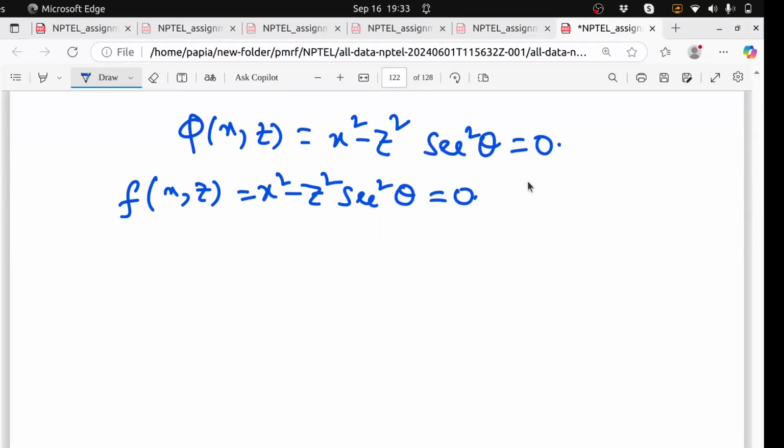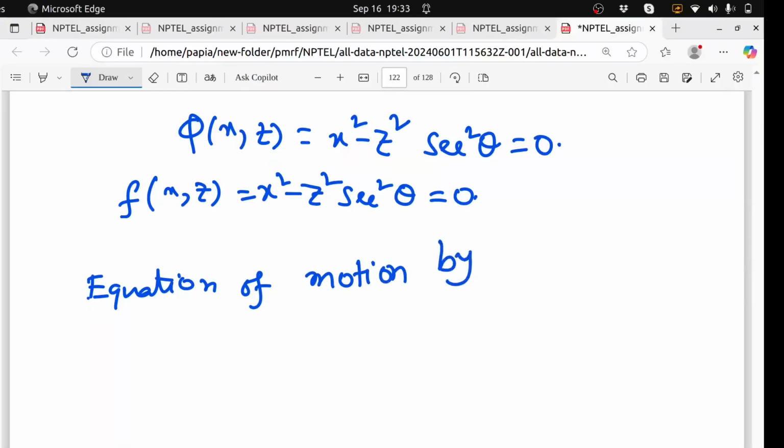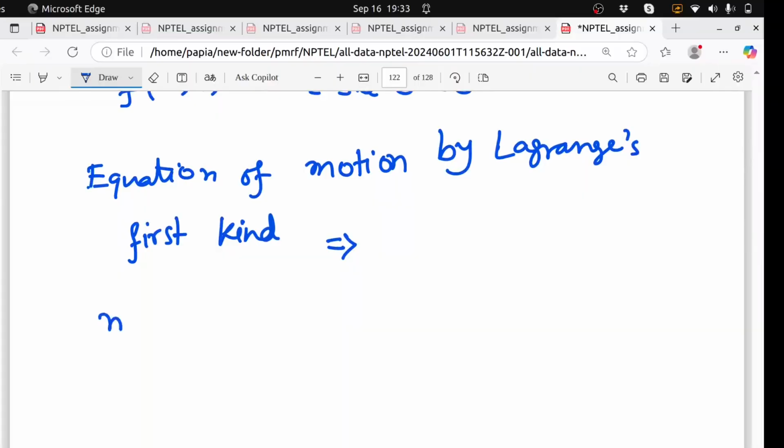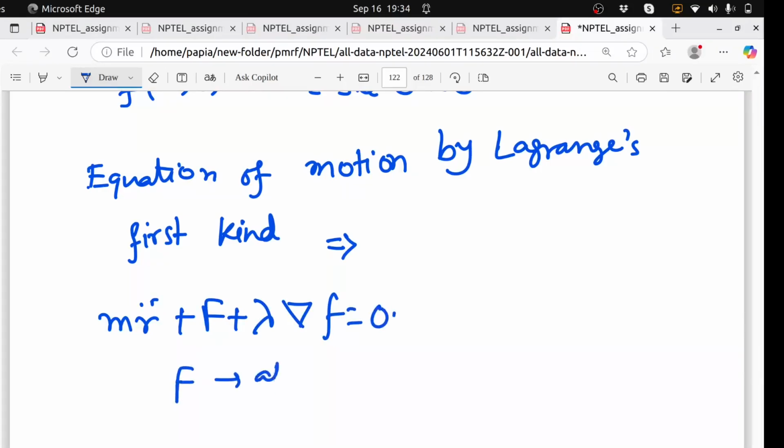So the equation of motion by Lagrange's first kind of equation is m r double dot plus F plus lambda grad f equals 0. Now what is F here? It is the applied force.